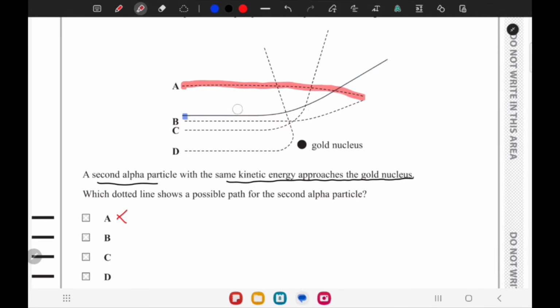Now for path B, this path over here, it's closer to the gold nucleus than this path over here, so it should have a greater force exerted on it, and hence it should deflect more than the previous one did.